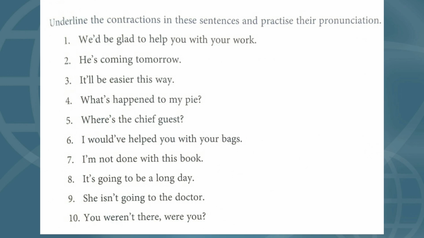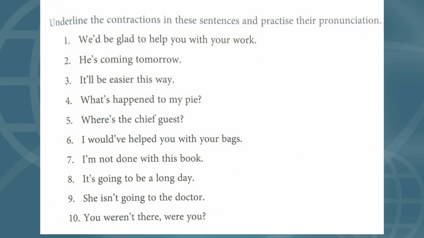Next, I am not done with this book. Instead of I am, I'm not. I'm not done with this book. Practice it once again. I'm not done with this book.